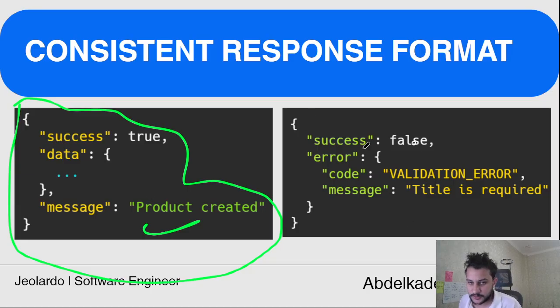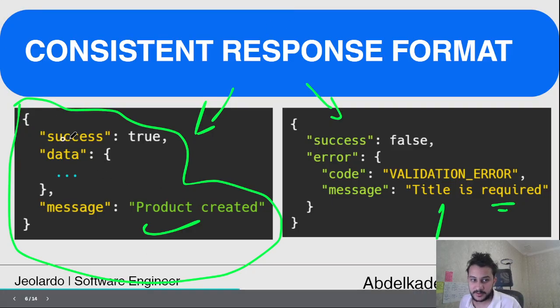Also here, the structure for when something goes wrong and fails. Here the title is required and the user missed sending the title. Here you can return a response for both cases, first success and second fail. So here, for example, also add the status code.